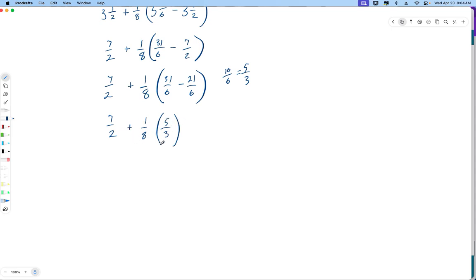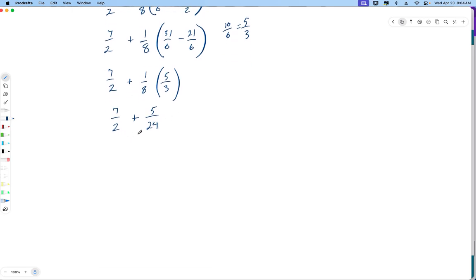All right, so we're going to trust that. Now we're going to multiply. 7 over 2 plus 5 over 3 times 1 over 8, that's 5 over 24. Now we need to get a common denominator, so this needs to be 24. 2 goes into 24 12 times, so we're going to say 12 over 12 times this. 12 times 7, that's 84 over 24 plus 5 over 24.